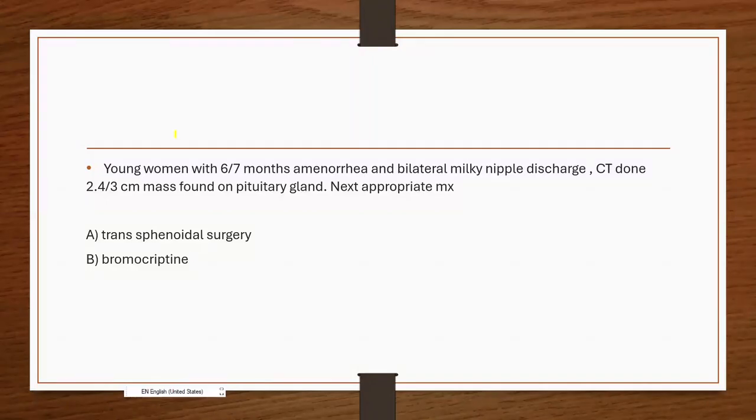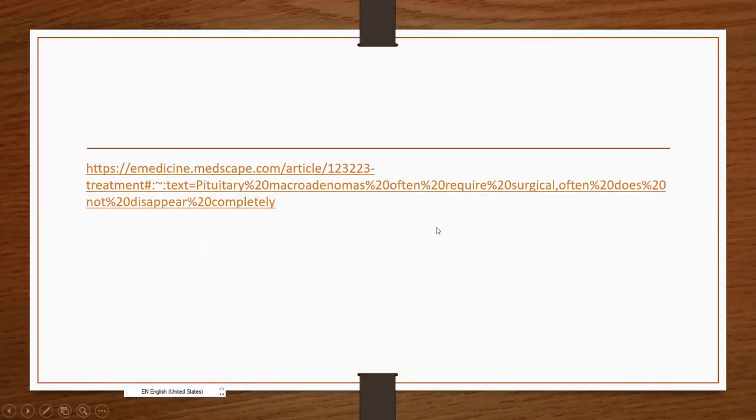Please make sure that you have a very good understanding of the management of pituitary tumors. Now what do you think we should do here? Go with surgery or with bromocriptine? You can keep answering until I load the reference.